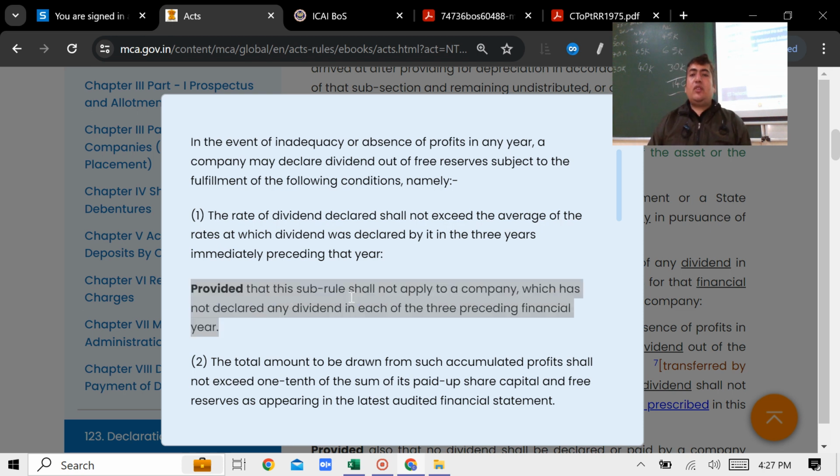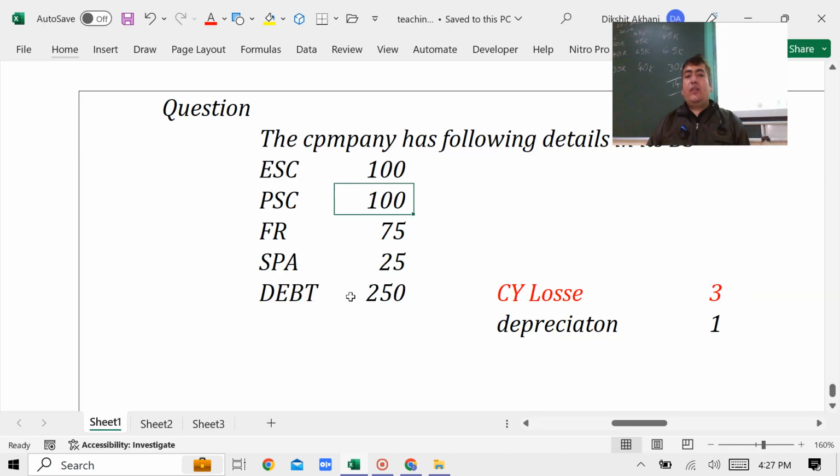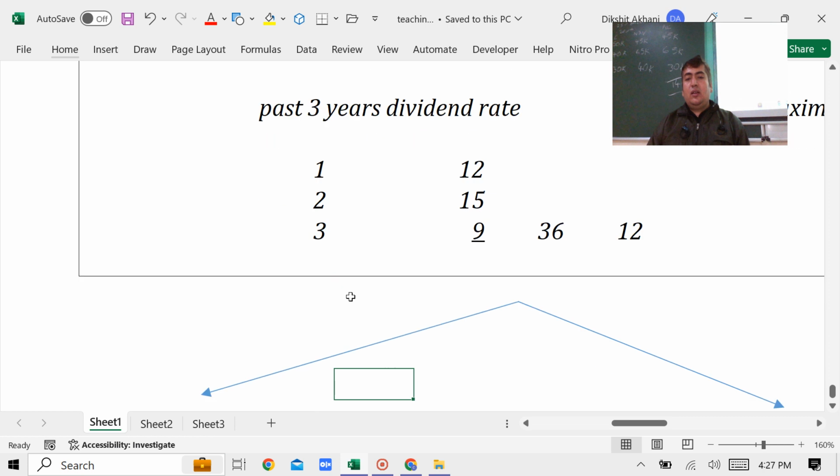Assume it is going like this: 0, 15 and 9. So what shall we answer? 9 plus 15 plus 0 divided by 3. But what if it is 0, 0, 0? Then what?